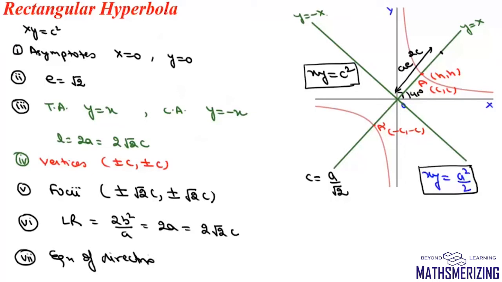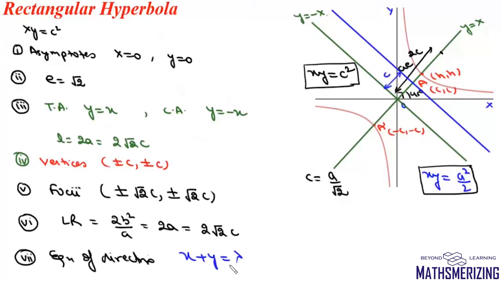Now we'll write equation of directrix. Now we know that directrix is a line which is parallel to conjugate axis. So directrix for this hyperbola will be of the form x plus y equal to lambda, and distance of directrix from origin is a upon e. Now a is root 2c and e is root 2. So this distance must be c.